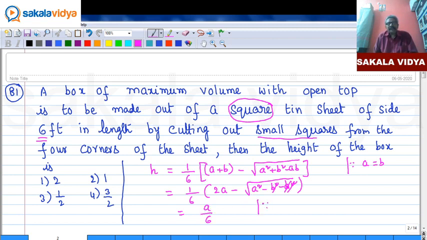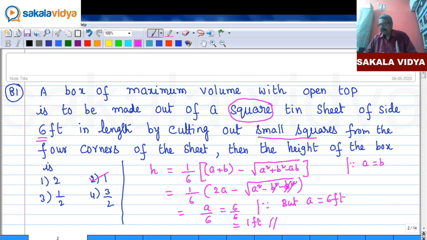But a is equal to how much, given in the problem? 6 feet. In the place of a, write 6: 6/6 equals 1 foot. This is the answer. Second option is the right option. I have given the formula for the rectangular sheet, but the question is for a square sheet, where length and breadth are equal.